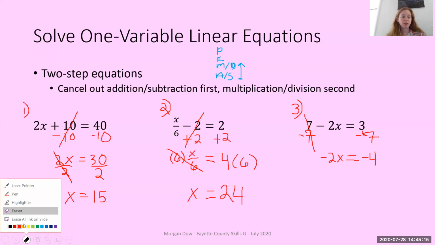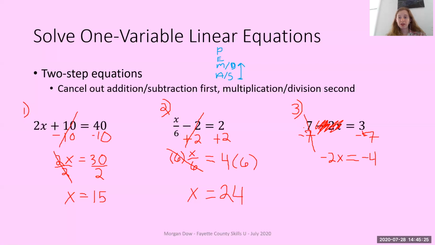And in our third example here, if we just focus on that 7, we block out everything but the 7. We just focus on what's in front of it. So there's nothing in front of it. When there's nothing in front of a number, we assume it's positive, right? You could write plus 7 here and it would mean the same thing. So since it's a positive 7, we needed to do the opposite. We needed to do minus 7 or take away 7.